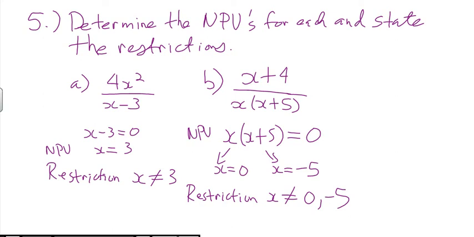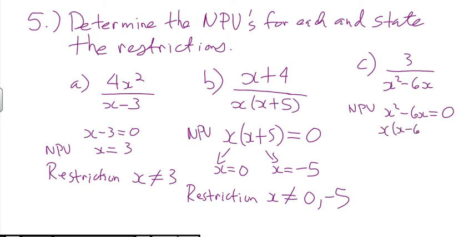Okay, so that is a factored form. That's factored. This isn't: 3 over x squared minus 6x. What values of x make x squared minus 6x equal to 0? Okay, NPVs, right? We say, what values of x are going to make that equal to 0? So we factor it. Okay, and now it looks like this.